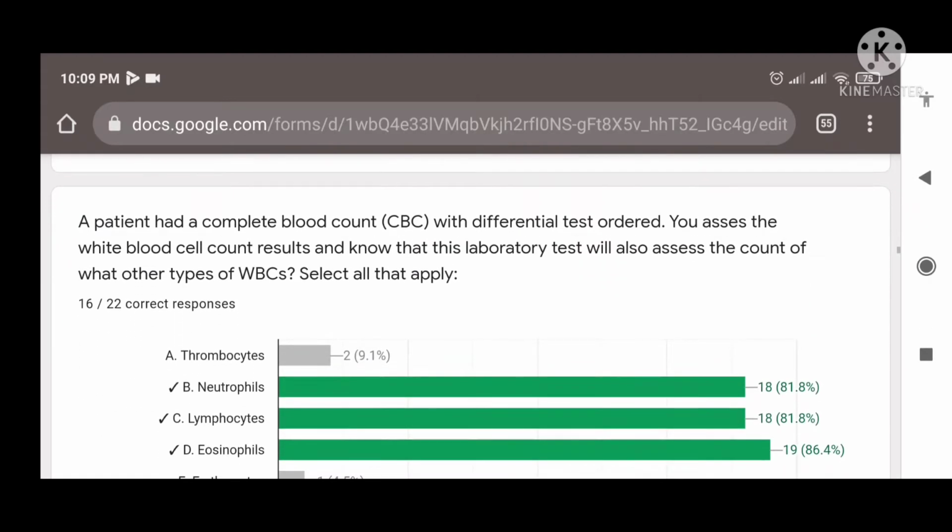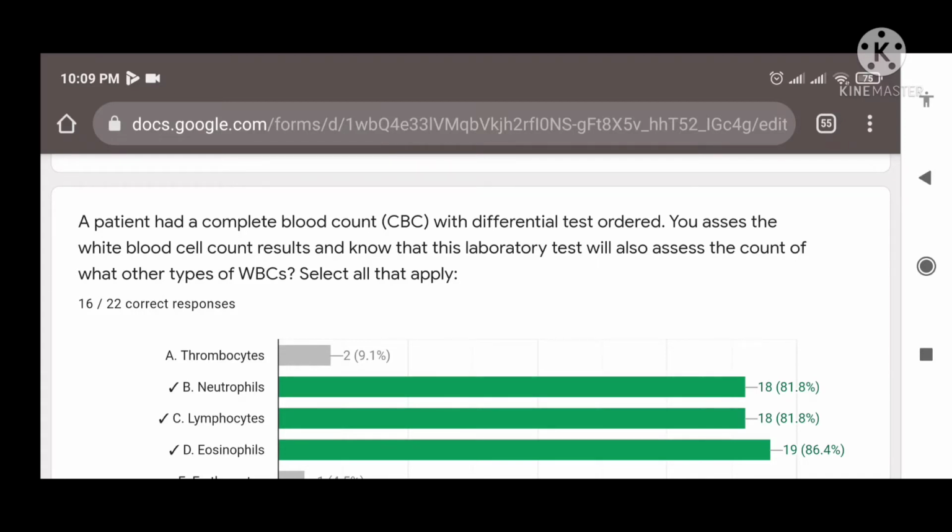A patient had a CBC with differential test ordered. You assess the WBC count results and know that this laboratory test will also assess the count of what other types of WBC. Select all that apply.